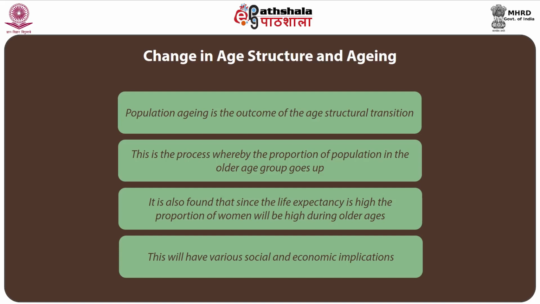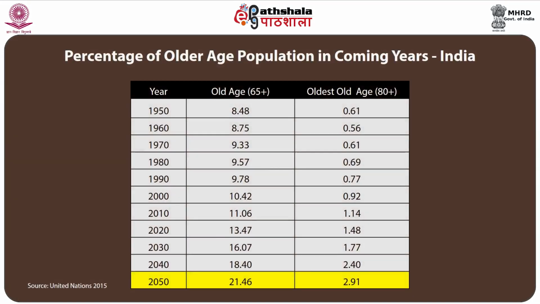The large proportion of elderly has also several other implications for the society. If you look at the table, the older ages, if you consider even 65 plus, will be something around 21% in India by 2050.